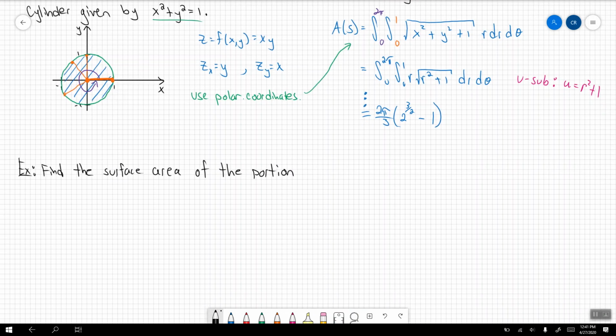So find the surface area of the portion of the sphere.